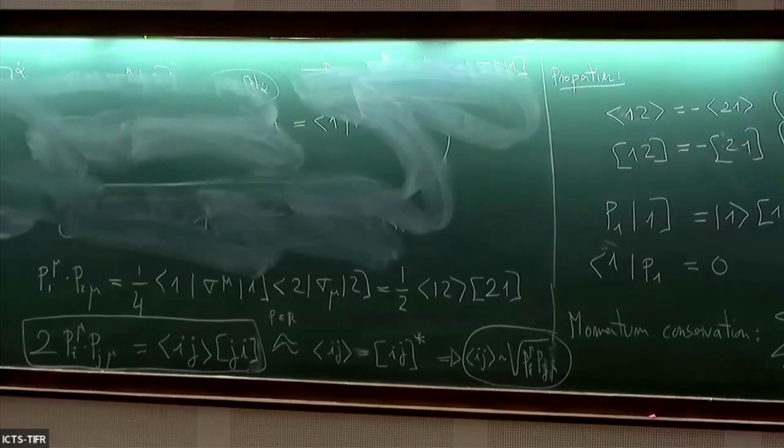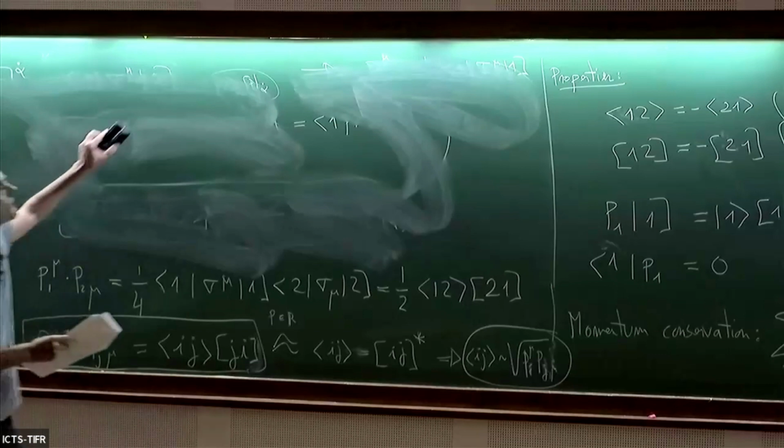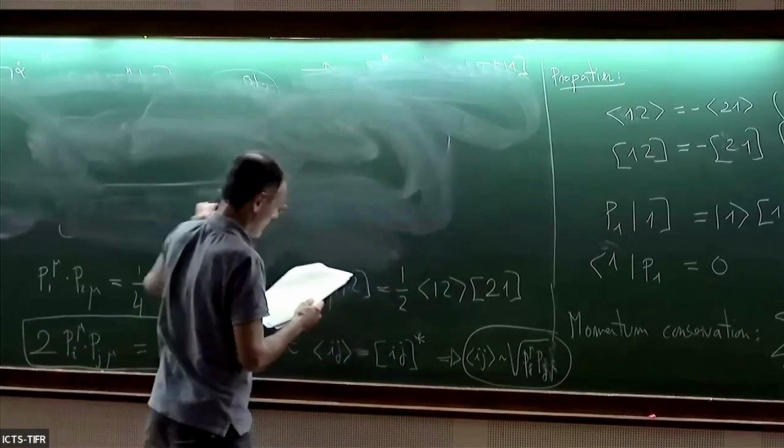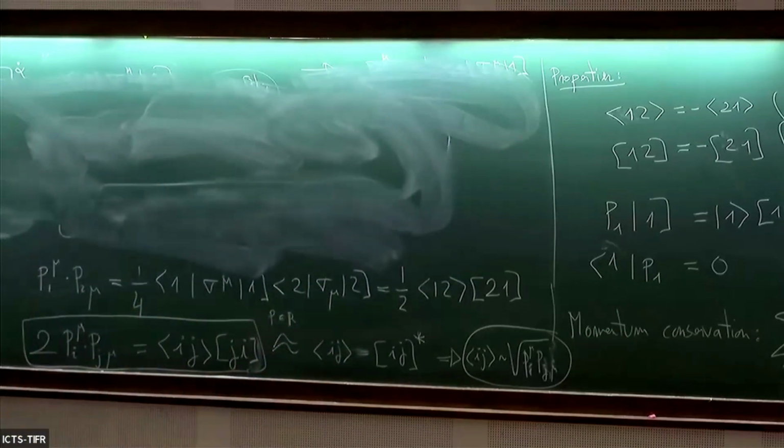Okay, so the idea is we're going to build the amplitudes. The basic building blocks, we're going to talk about first the 3-point. And now we're going to take also the idea of effective field theory.